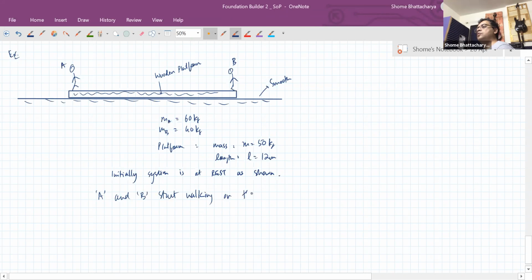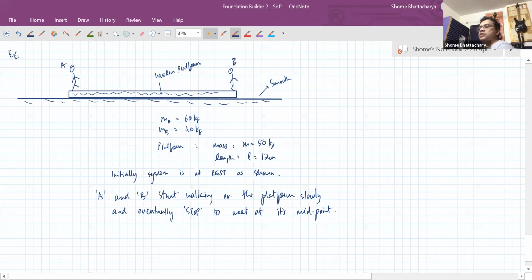On the platform slowly, and eventually stop to meet at its midpoint. So at the platform's midpoint, A and B finally stop and meet.